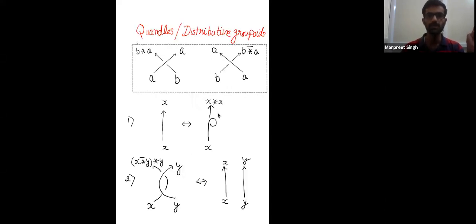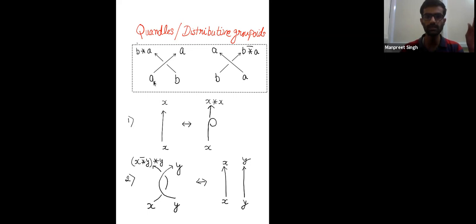Now I will define what we mean by quandles or distributive groupoids. First let me motivate the definition of these objects. Suppose we have two types of crossings, this kind and this kind, and we have some set X. Then we want to define an operation over the set such that it becomes invariant under the Reidemeister moves.